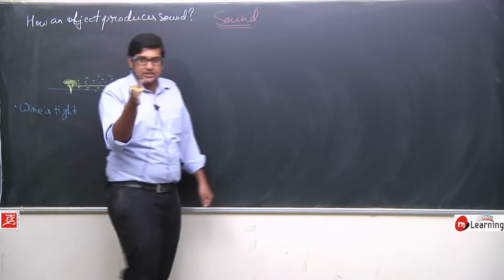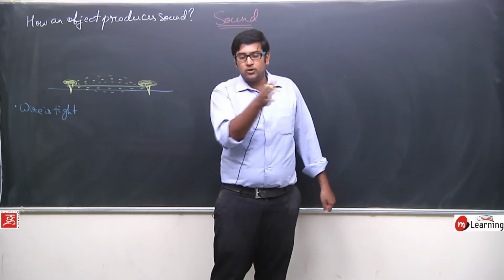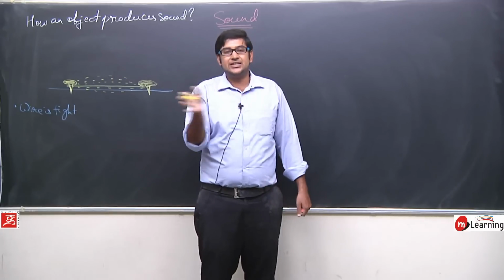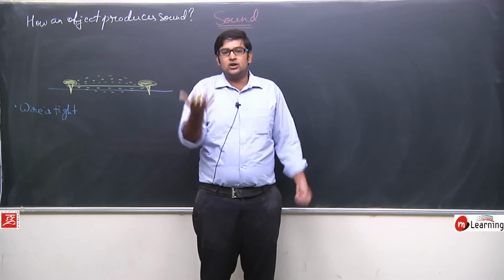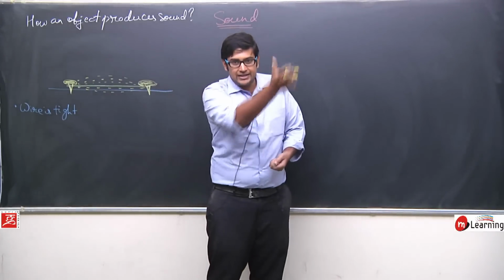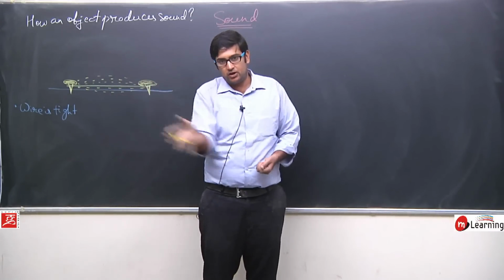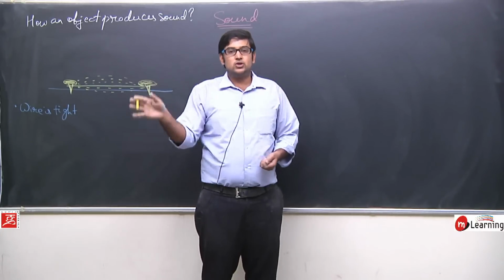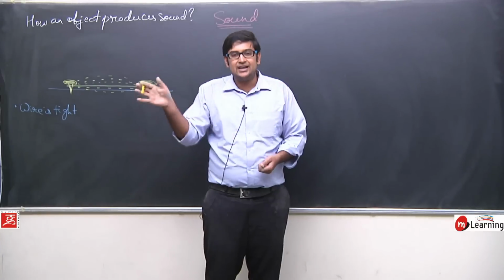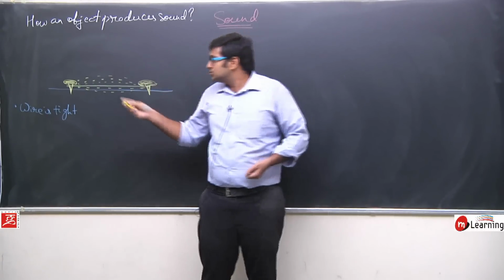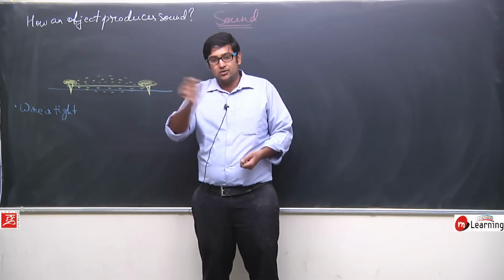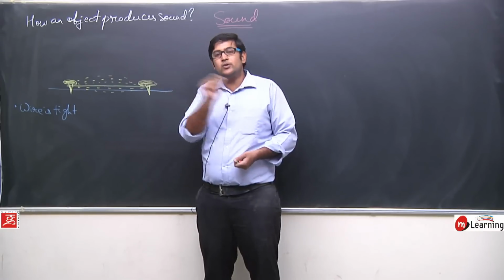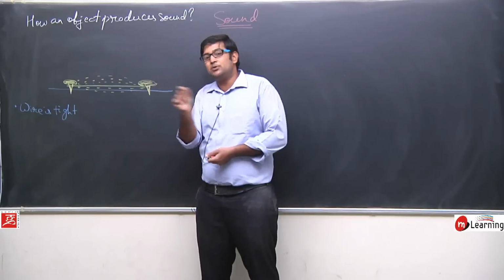Vibrating means it will start moving to and fro from its initial position, just like a swing. In a garden you have enjoyed a swing, you might have seen it moves like this, just like a pendulum. This kind of movement is a vibrational movement. You will feel that this wire continuously moves to and fro from its initial position.